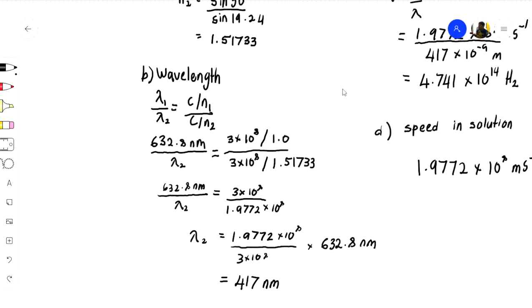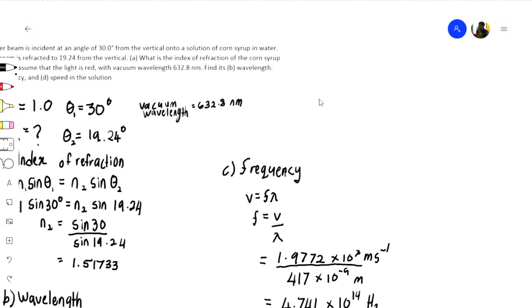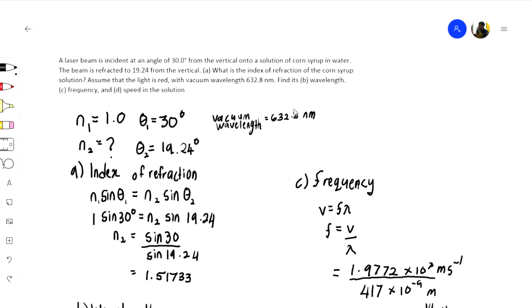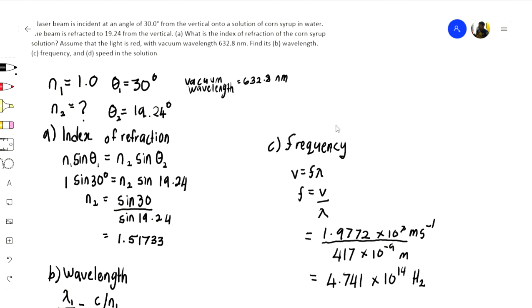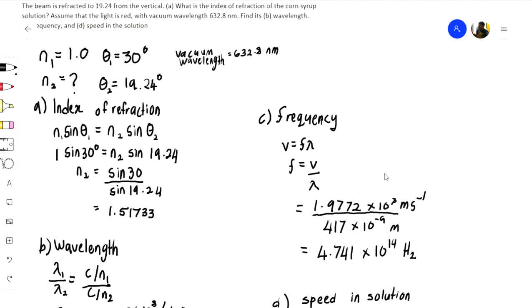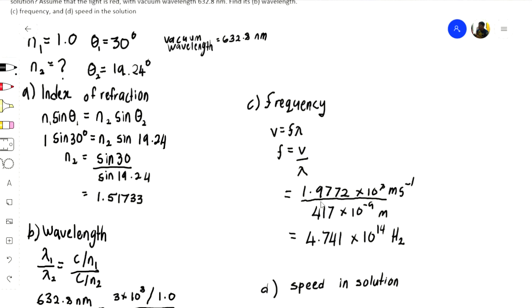Then this question asks us to find the frequency. For frequency, we have the basic formula for a wave, v equal to f lambda. Because we want to find f, the frequency, and we already have the velocity and the wavelength, we just put in all the information given: 1.9772 times 10 to the power of 8 meter per second.